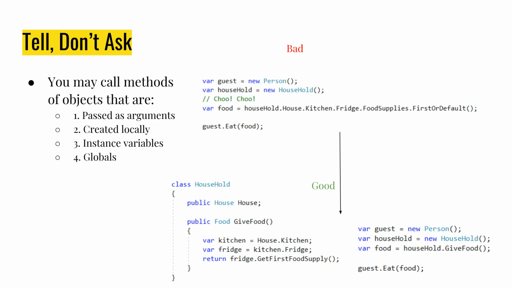So when we access kitchen, we know that we can access kitchen from a house. When we access fridge from a kitchen. When we access food from the fridge. We don't access fridge from house, but we access it from kitchen. And that's the core difference in the implementation: we only call our immediate friends, our immediately accessible members.